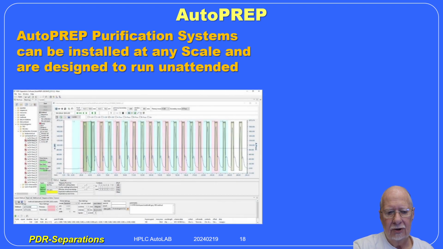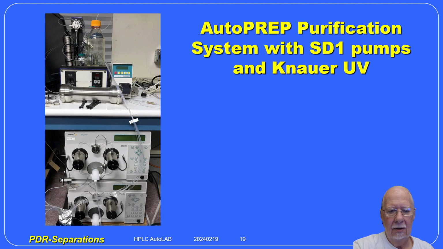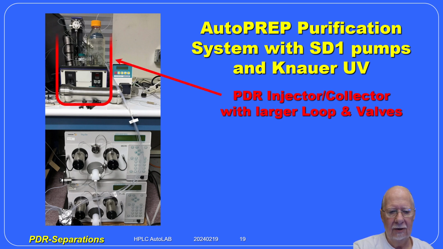Here is a picture of the software showing stacked injections, and here is a picture of a hardware system using Agilent semi-prep HPLC and a PDR injector collector. Here's a larger scale AutoPREP purification system using SD1 pumps and Knauer UV.